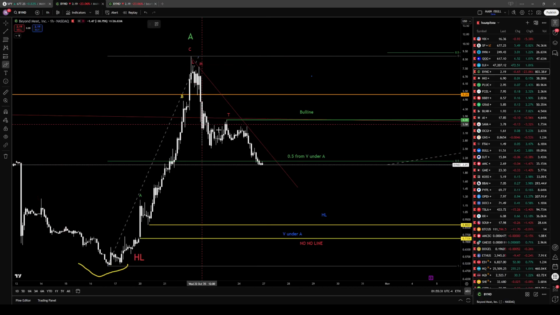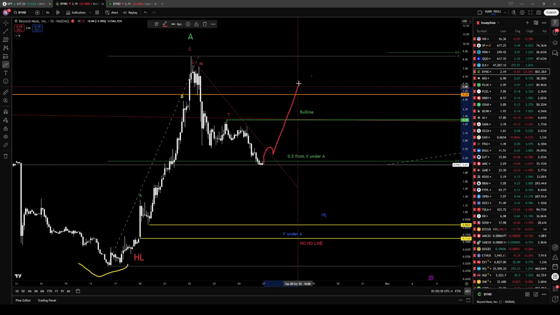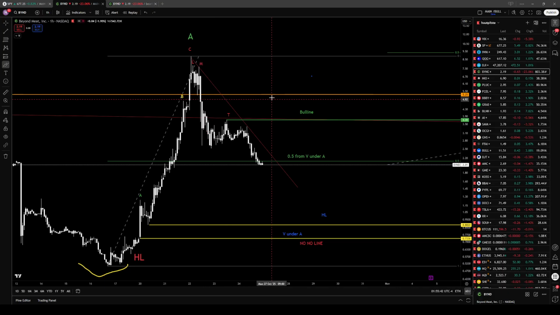So that would mean we are already in the bounce, most likely making a high low, and then we go. Confirmation for this for me would be breaking 374, and then you go.